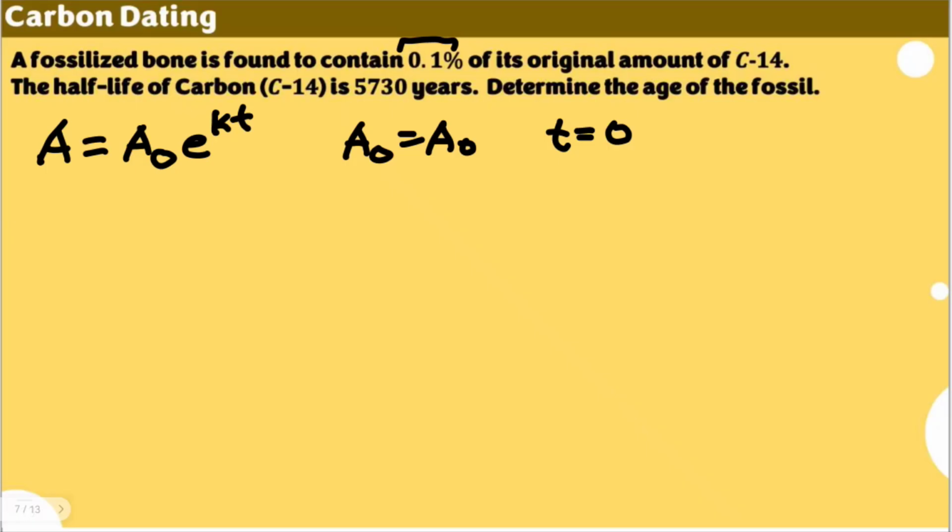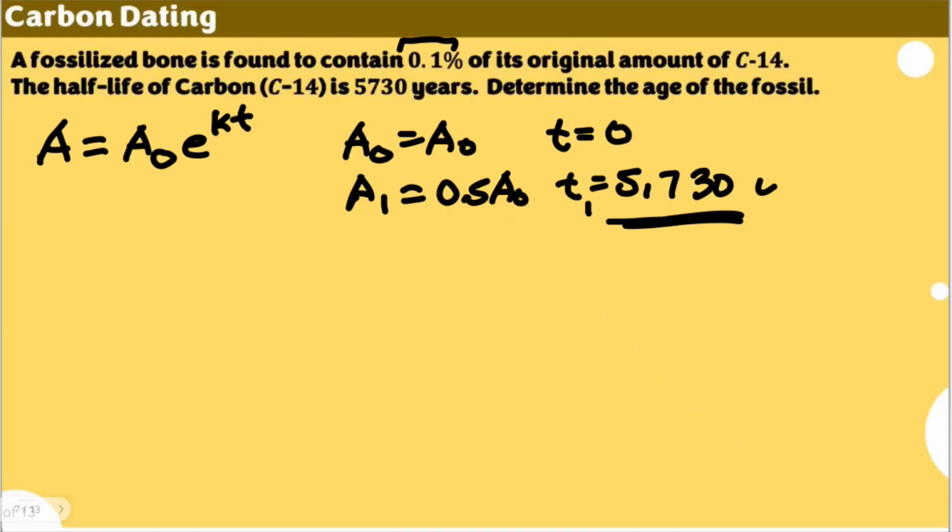But when t reaches 5,730 years, we expect that the amount at t sub 1 is just half of your initial amount, because that's what we mean by half-life. At this number of years, the original amount of carbon is halved, meaning it loses half of it, so that's 0.5.